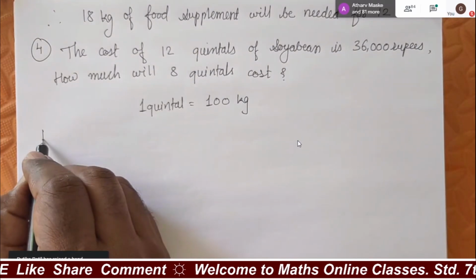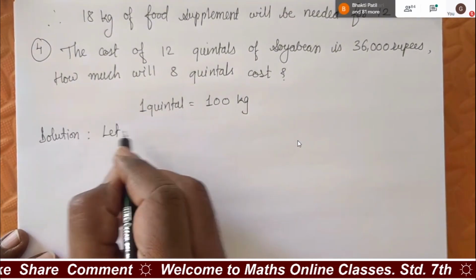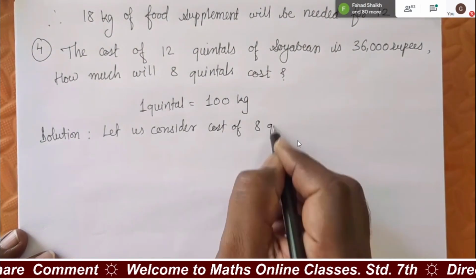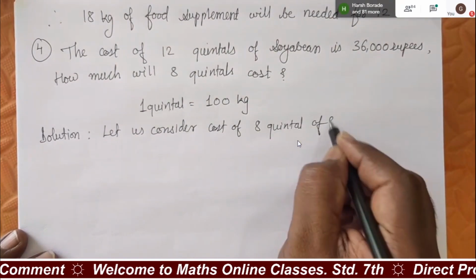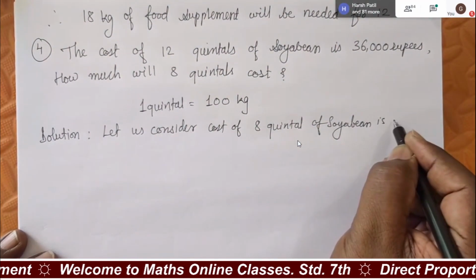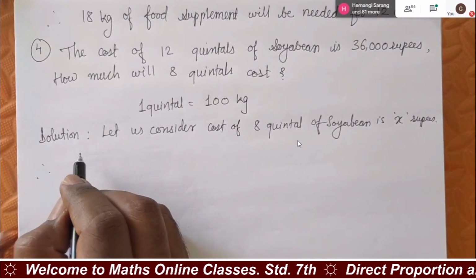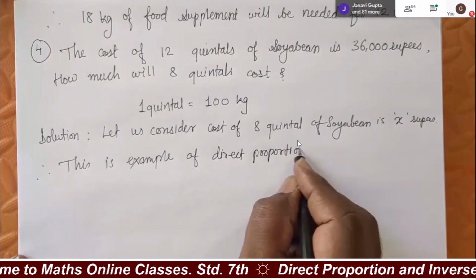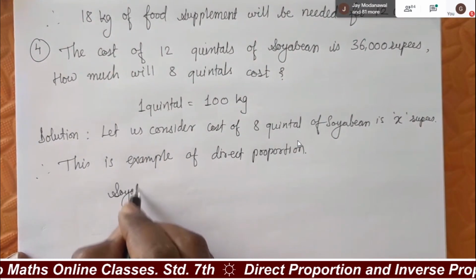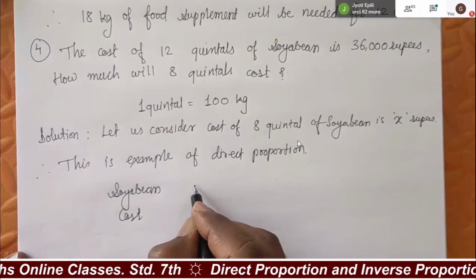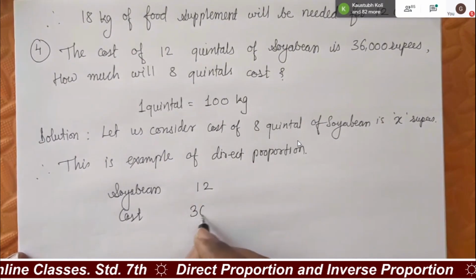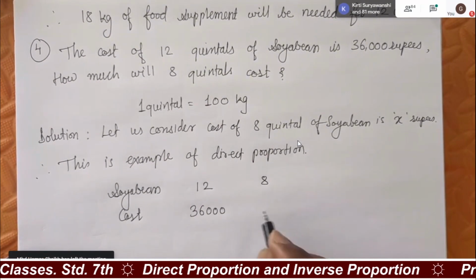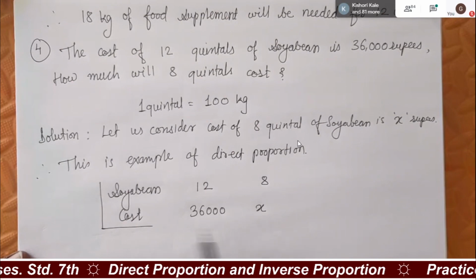Okay, so write down the solution. Let us consider the cost of 8 quintals of soybean is X rupees. Therefore, this is an example of direct proportion. Here I will write soybean and its cost. Here it is 12 quintal 36,000, 8 quintal X. Draw a box.